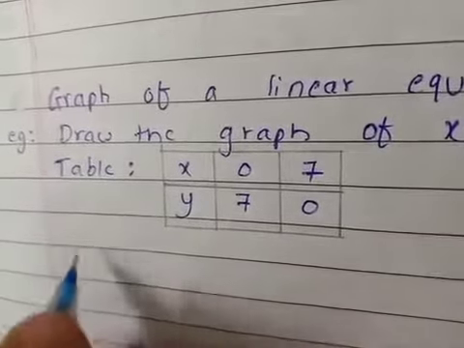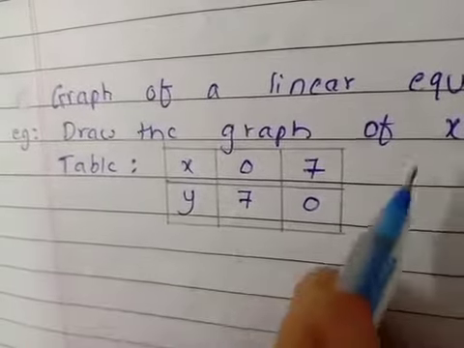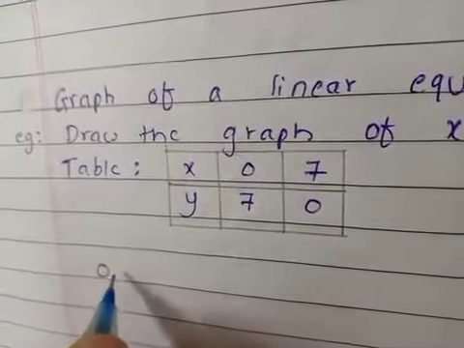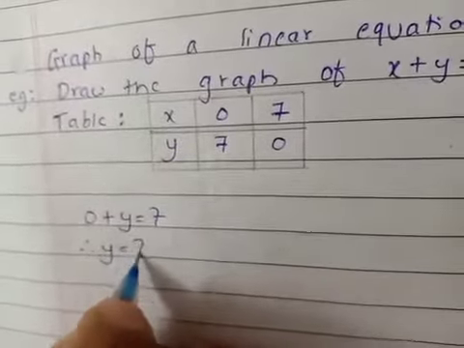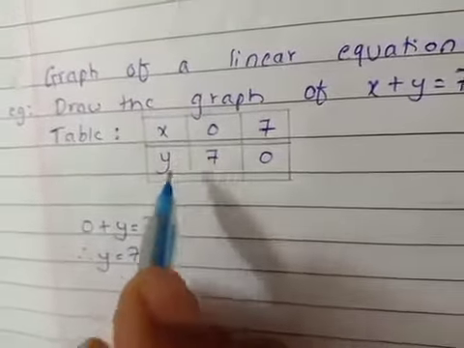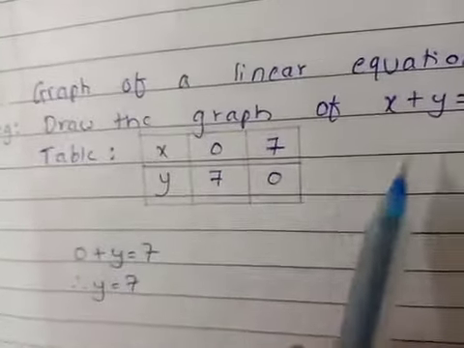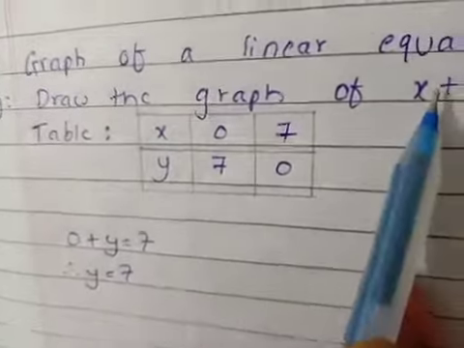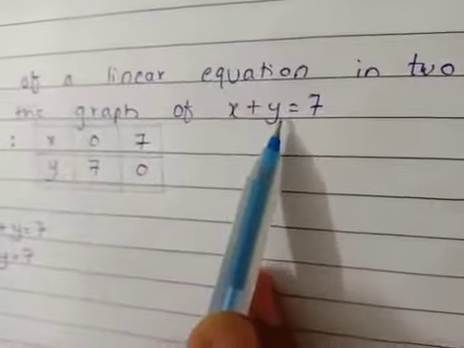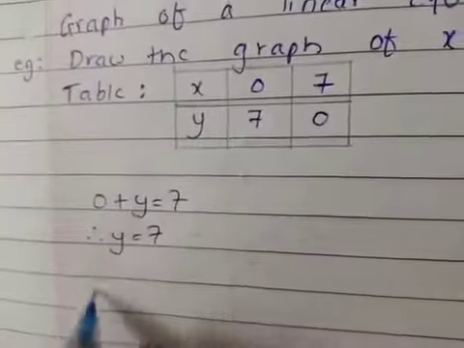When we put the value of x as 0, what will we get? 0 plus y equal to 7. Therefore y equal to 7. Here I have written. Now we will put the value of x as 7 in the same equation, x plus y equal to 7.